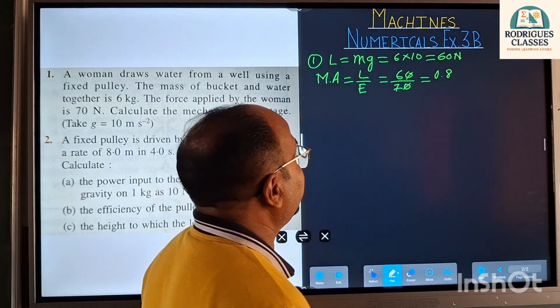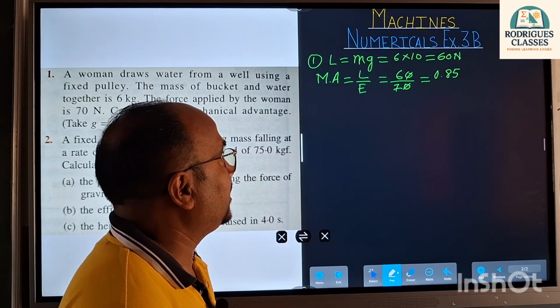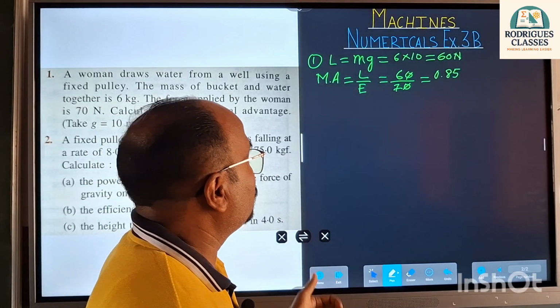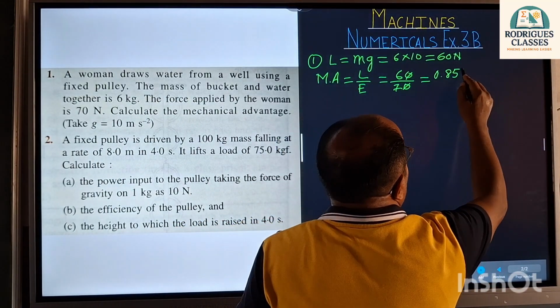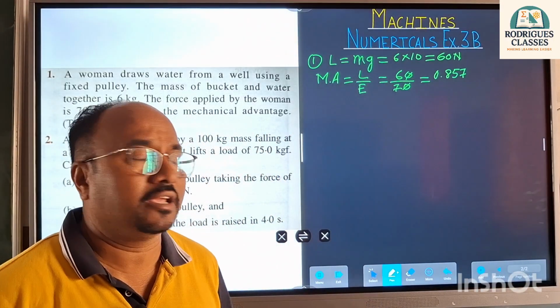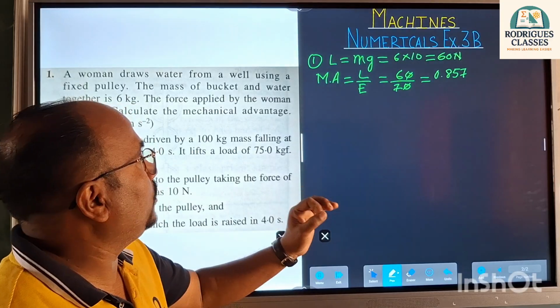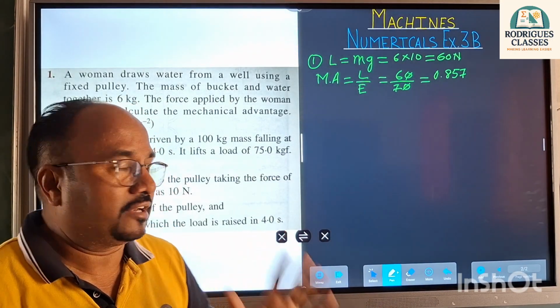So 40, then 7 5s are 35, 5 is left, 50, 7 7s are 49. We have brought it to 3 places, I think that is enough. It will keep coming. So we get mechanical advantage as 0.857.